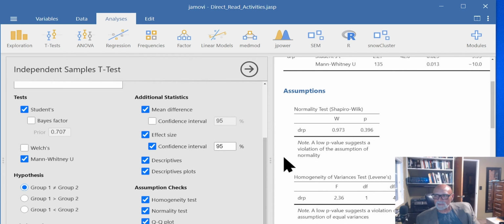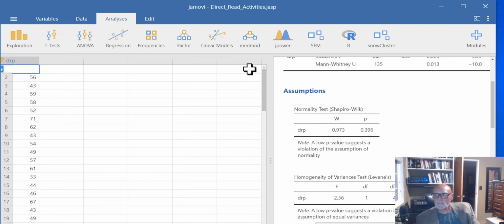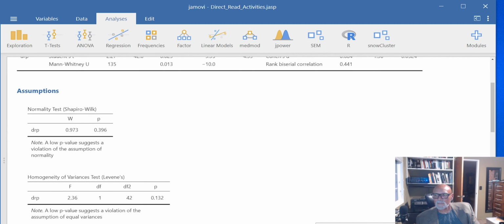Our normality test tells us that we do meet the assumptions. So here is the Shapiro-Wilk normality test.